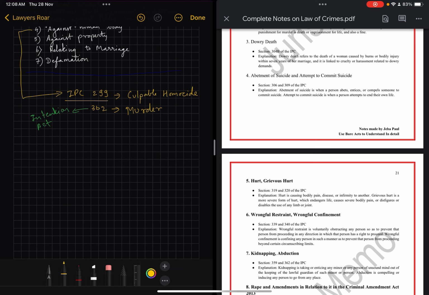So here also, in section 304B, this is dowry death. Now they have given a time bound also, like within 7 years.